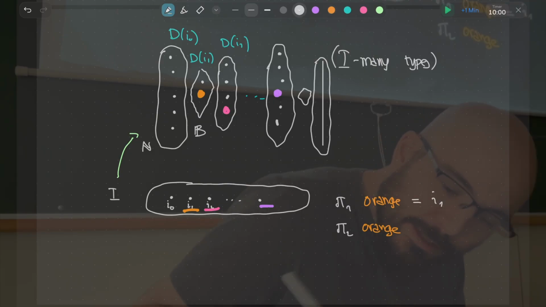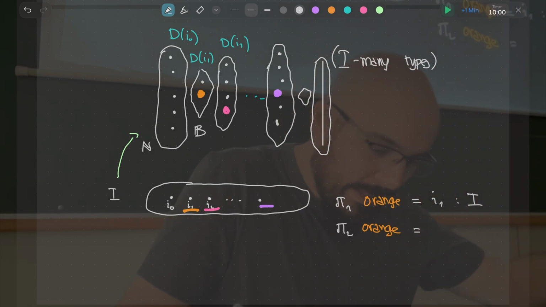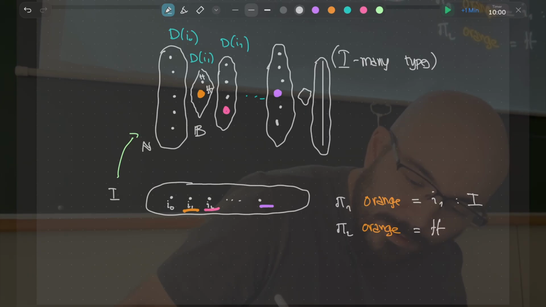And i1 is an element of I, and this thing will be, let's say this was, I don't know, false, and this was true. So this will be like false, and this is an element of D of what?